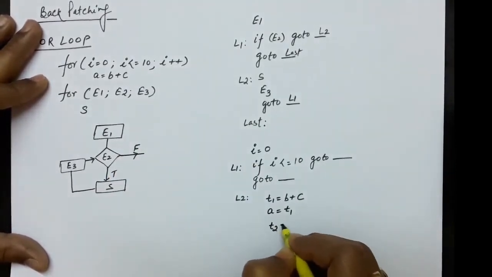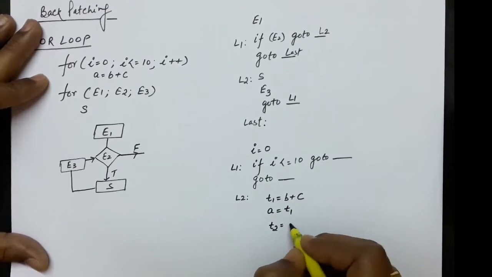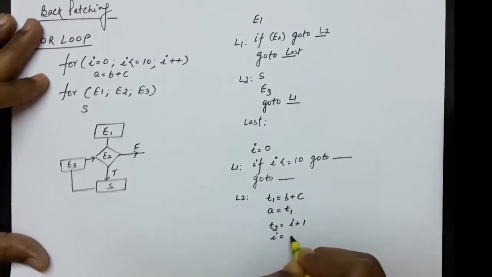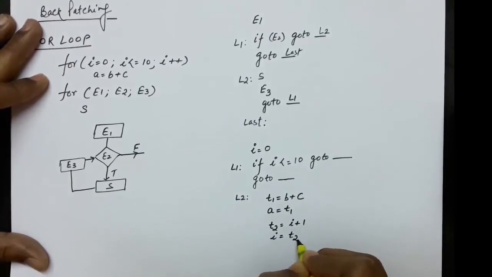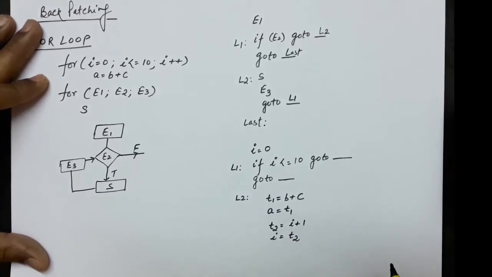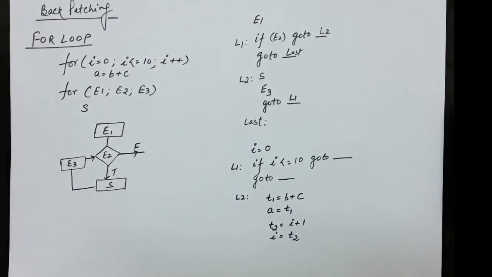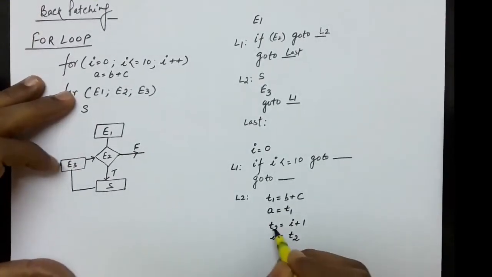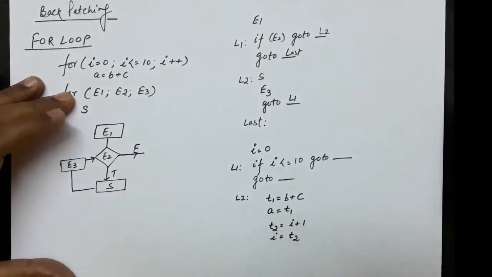So let's say this is done in two steps with the three address code. T2 equals I plus 1. And after this, the value of T2 is stored in the I. So I equals I plus 1 cannot be written in the three address code. We cannot use the same variable on both the sides, left and the right. So that's why we have used the third variable T2 here.